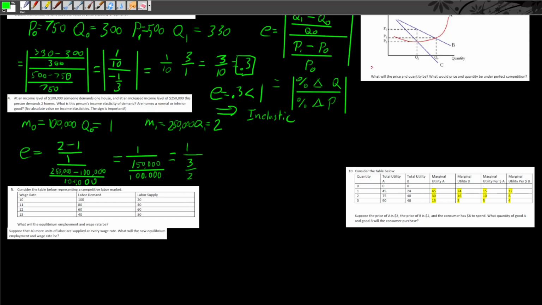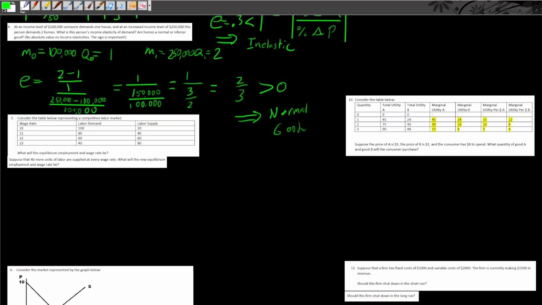And 1 in the numerator. So since we've got 1 over a fraction, we can just take the reciprocal of the denominator. So we end up with 2/3, which is greater than 0, which implies that homes are a normal good. That is, it's a good that you consume more of as your income increases.